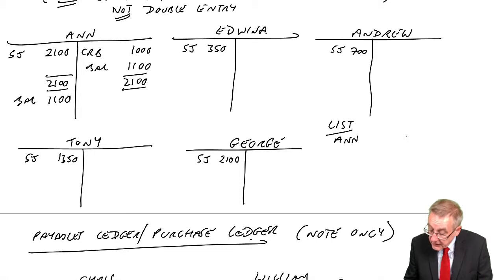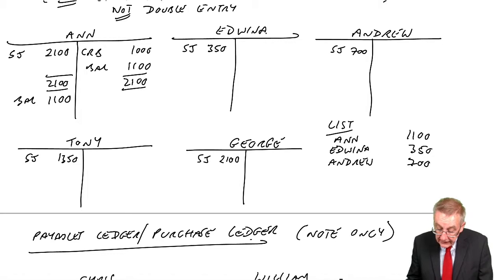Anne owes us 1,100, Edwina 350, Andrew 700, Tony 1,350, and George 2,100.